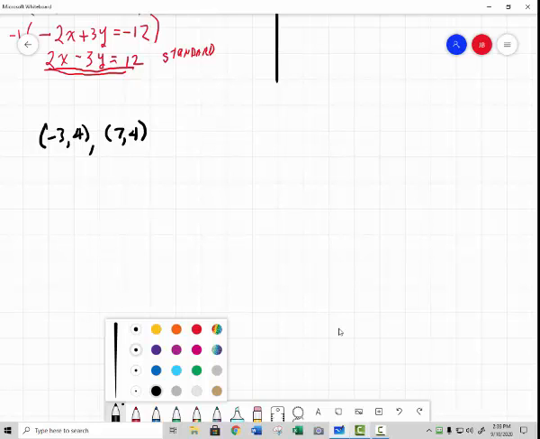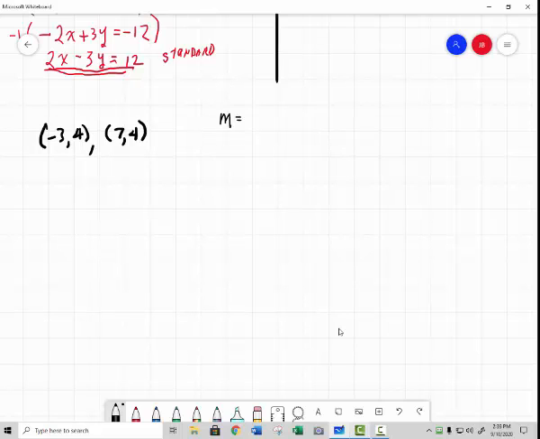The formula for slope is m equals y2 minus y1 over x2 minus x1. And I said it doesn't matter which one you choose as x1, y1. If I've got a positive x, that's generally what I choose as x2. It doesn't matter, but this is the way that I like to do it. And this would be x1, y1.